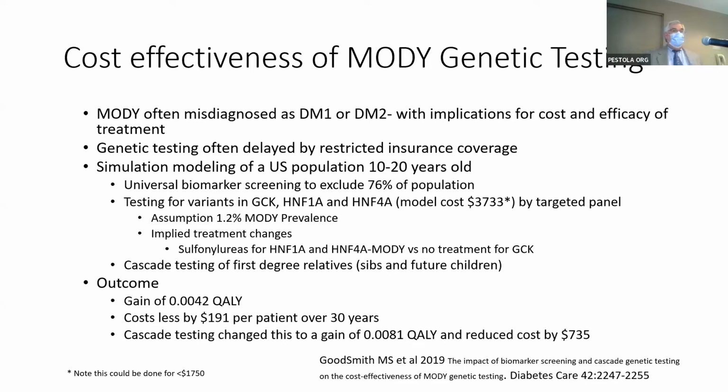If you get 0.1 quality adjusted life year on a drug, the FDA will approve it. That's a significant change. What do they gain? $191. What would you gain if you actually went out, got the test cheaper, maybe $2,000 per patient over 30 years? Now you're talking almost real money for doing it the right way.